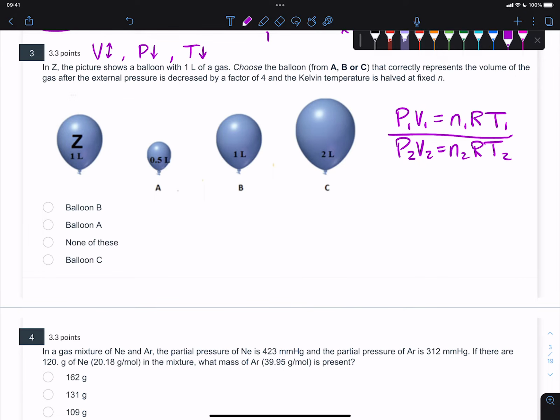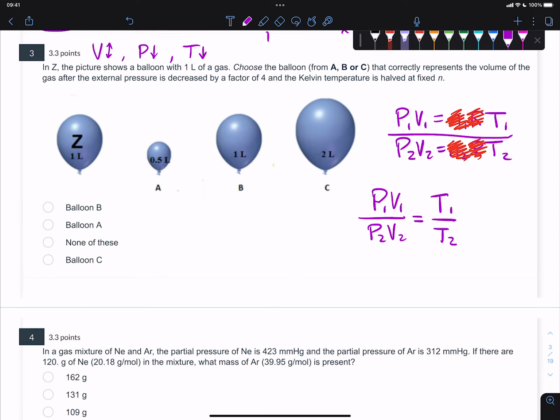Now this is a closed container, so a closed balloon, unless we opened it and closed it, there's no gas leaving. So N and R are both going to be fixed. So the number of moles of gas in the balloon are going to be the same because it's a sealed balloon. R is a constant, so it's also going to be the same. So what you're left over with is P1 V1 over P2 V2 equals T1 over T2.